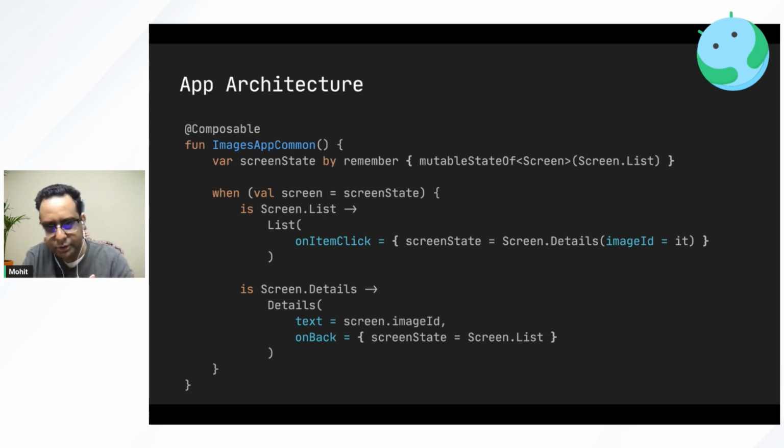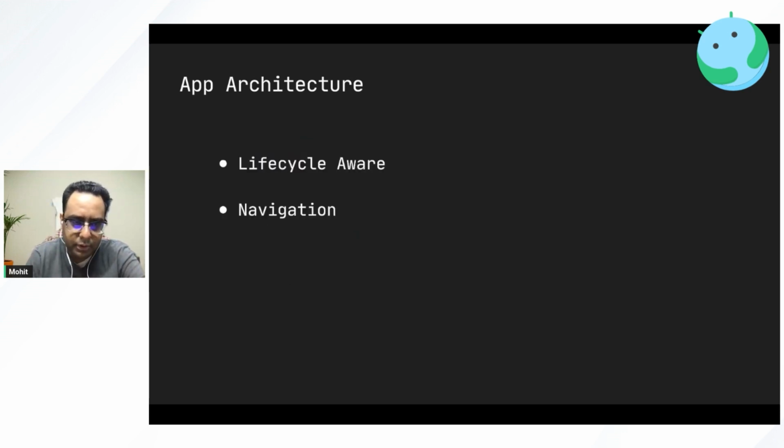Obviously, there are questions around how this scales. There are two challenges here: I don't have lifecycle aware components, and how do you set up navigation that takes into account going backwards, which needs some backstack management. There is a library available that attempts to solve these two problems, giving you these two features.